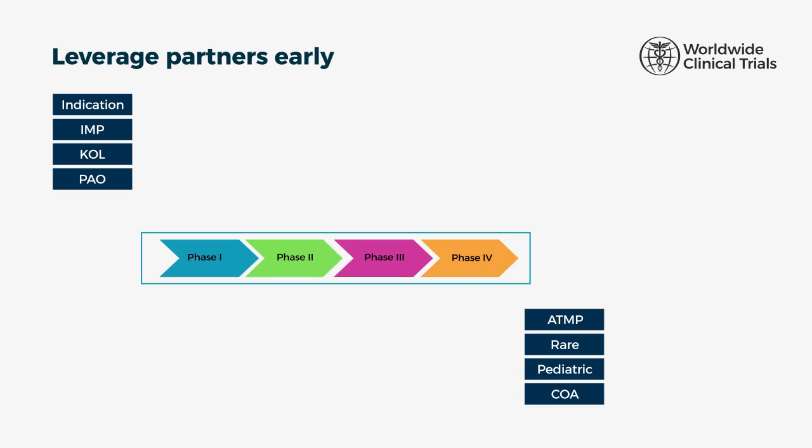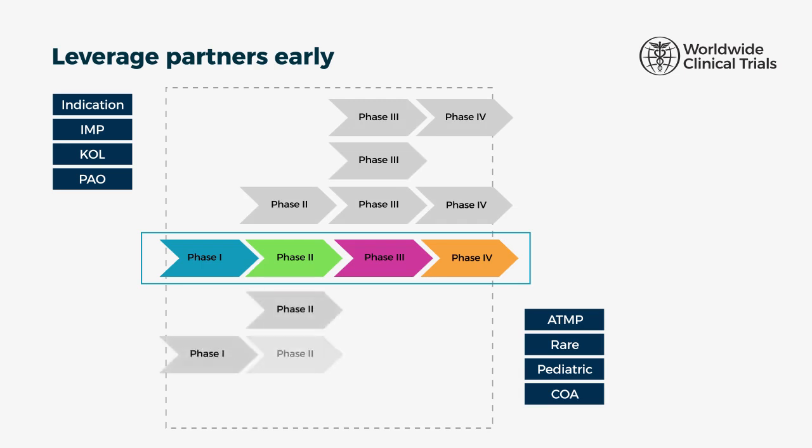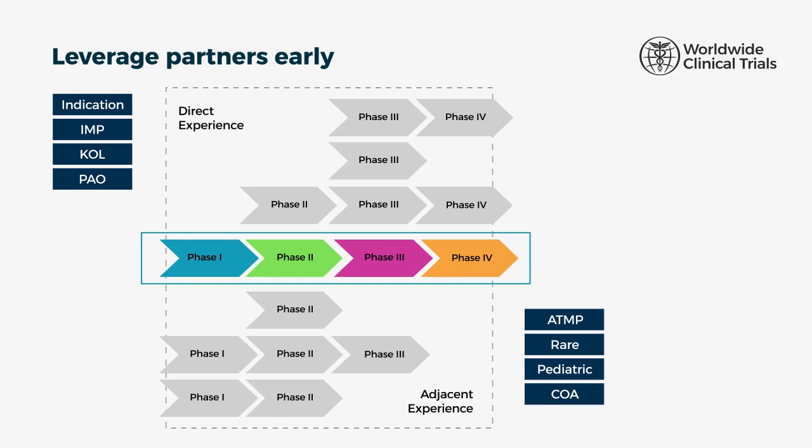But we recognize there are a lot of learnings that can be had from a CRO partner. Even the most dedicated, experienced sponsor team will have had their one lived experience, whereas the CRO has the opportunity to be running hundreds of trials. Some of those learnings come from direct experience, as shown at the top there: the same indication, maybe the same IP.